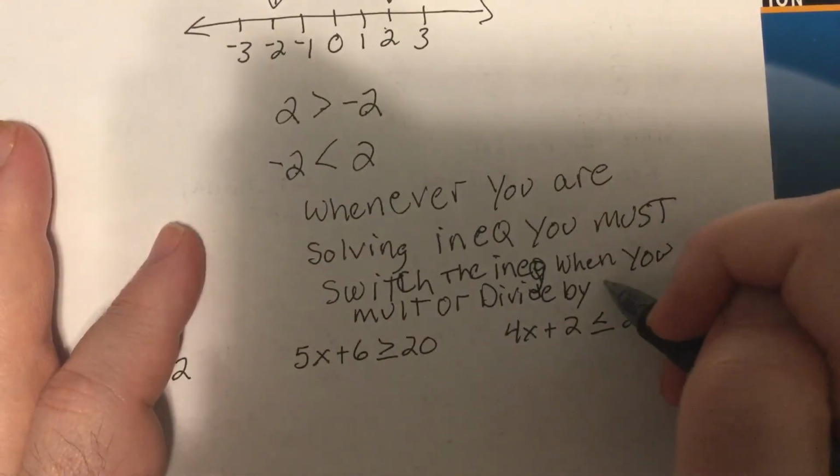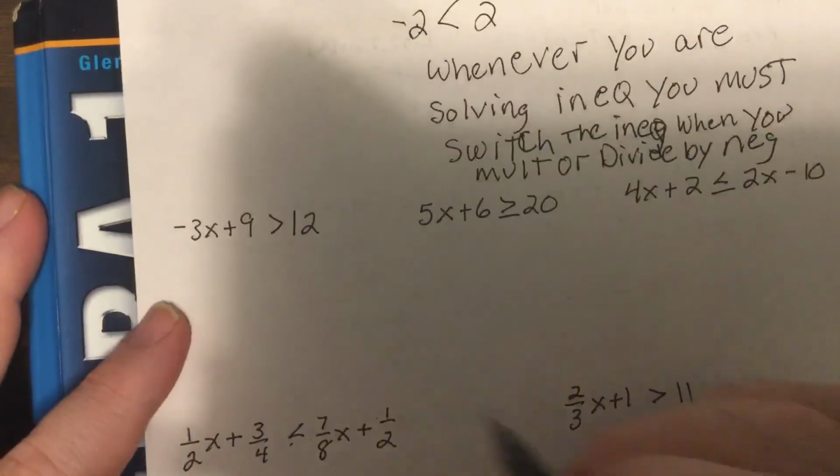Now you can add or subtract by a negative, but let's see here, this one.